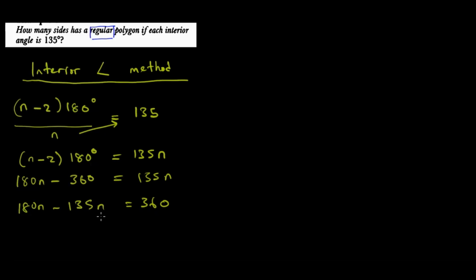Let's see what we get. 45. So 45n here is equal to 360. If we divide both sides by 45, we are sure to get an answer like this. So 360 divided by 45, we get 8. This is an octagon.